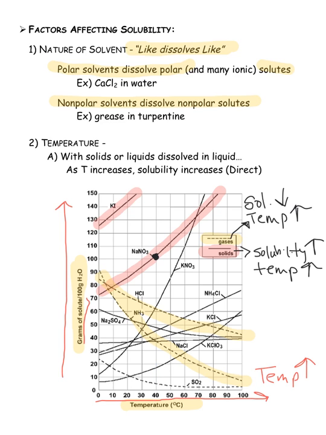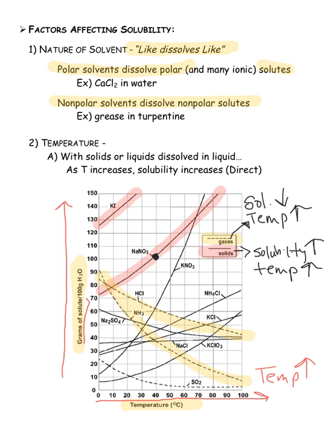Well, I'd go to the 40 degrees and I would go to where I hit my line, and on the line we see that approximately 100 grams of sodium nitrate would dissolve in 100 grams of water at 40 degrees. Let's take it a step further. Okay, that would be called a saturated solution.